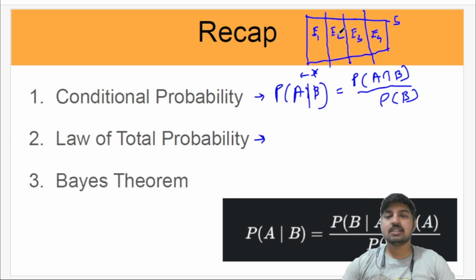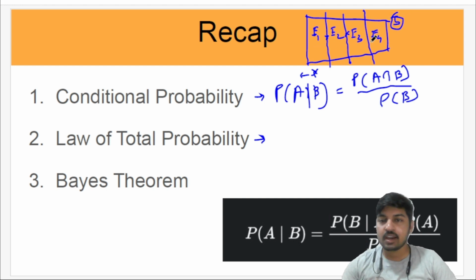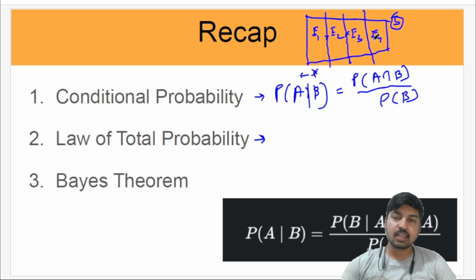The only condition is that they should be mutually exclusive, so there should not be any intersection between E1 and E2 or E2 and E3. They are mutually exclusive and collectively exhaustive, so together they should complete the sample space. The whole sample space has been divided into parts by the events.